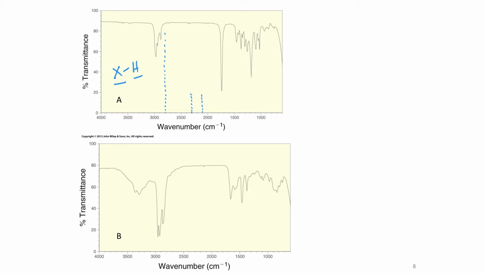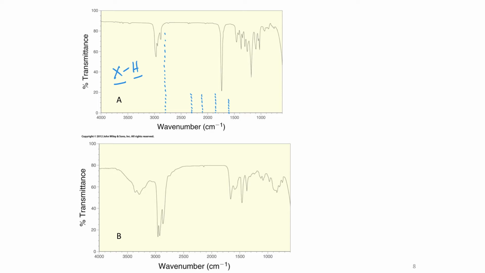The next region is also a very important diagnostic region. It spans from about 1600 to about 1850. And typically we see large, strongly absorbing peaks in this region, and we have one in this spectrum right here. You can see that this peak has about a 20% transmittance, so it's absorbing a lot of the energy at that wave number, which is approximately 1750 or so.